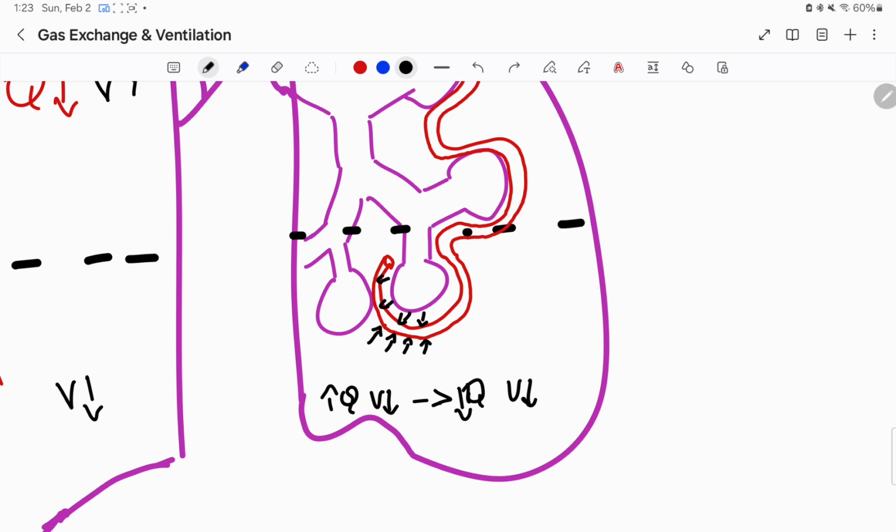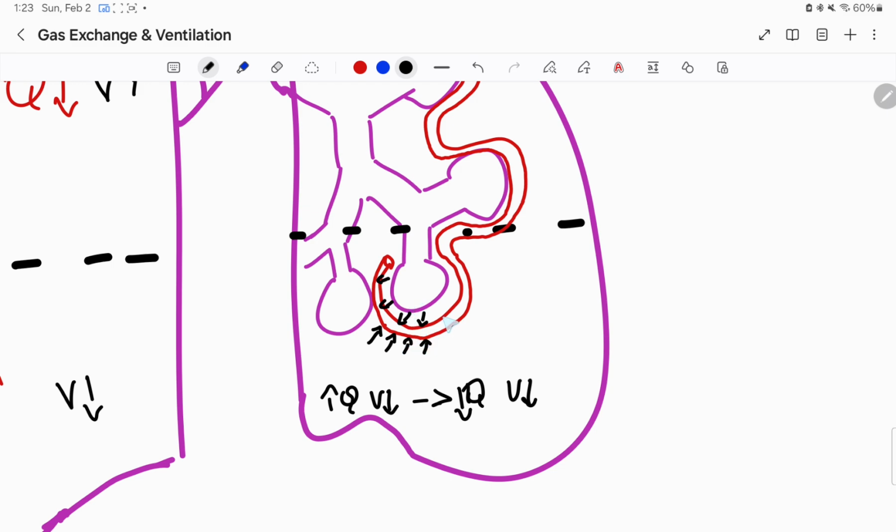And in the presence of low ventilation, they're getting less oxygen. In the presence of less oxygen, these pulmonary arterioles are going to start constricting. They're going to start contracting.